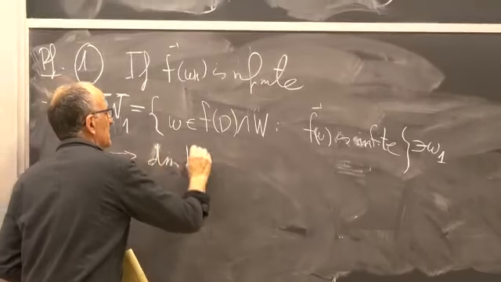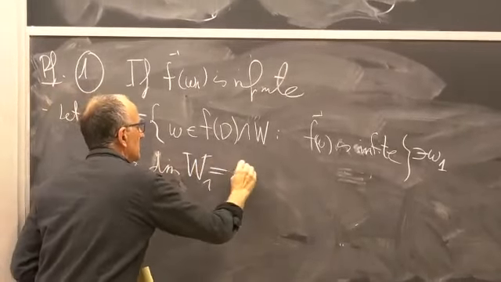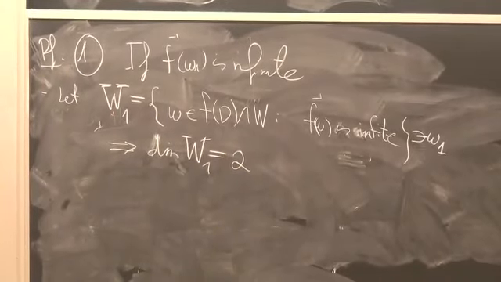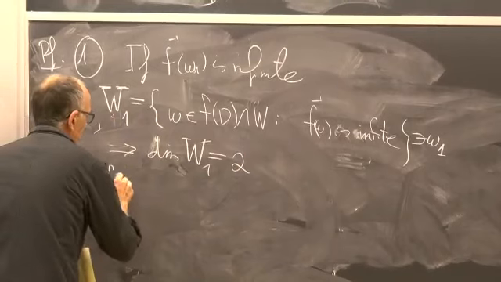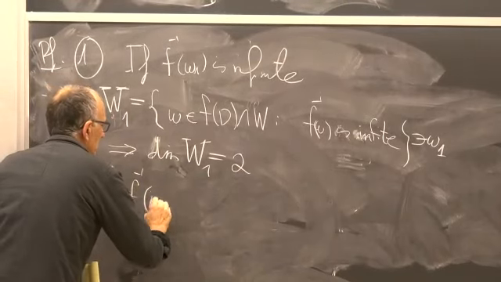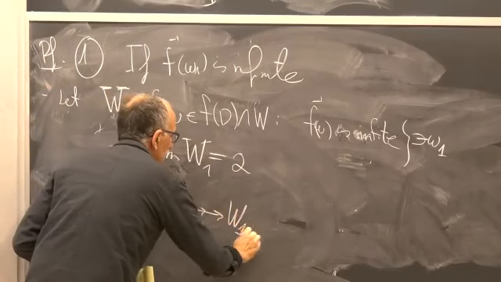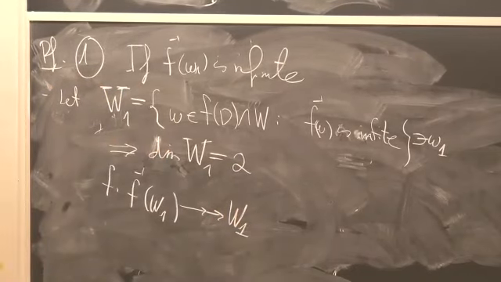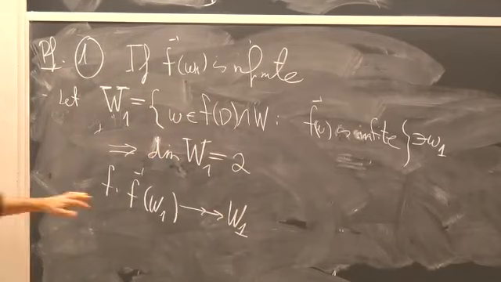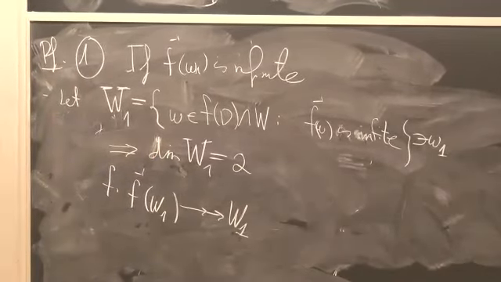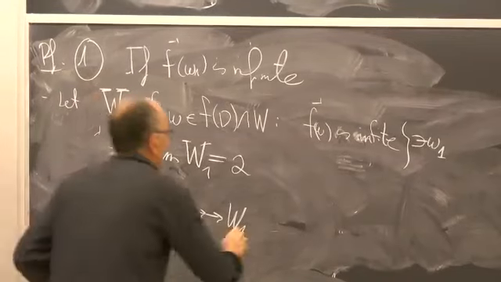Dim W1 is 2. But then every fiber is infinite. So now we have F, from F inverse of W1 onto W1 with infinite fibers, but this is impossible because this has dimension 2 and this has dimension 2. And if every fiber is infinite, the image should have had dimension 1.